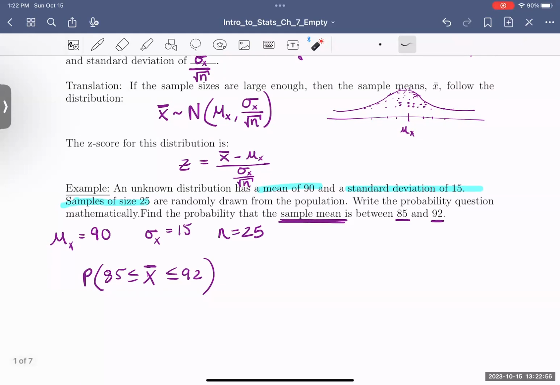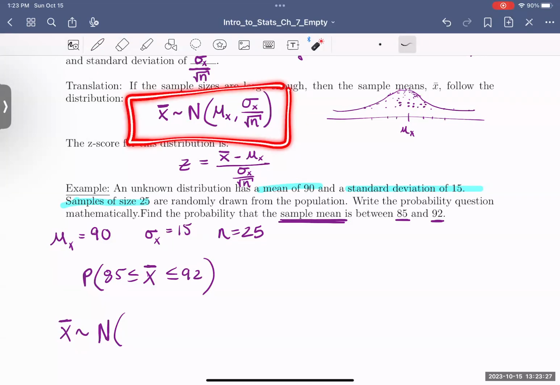But this is for sample means. Again, I'm collecting these groups of 25, and all I'm really doing is collecting the 25, taking the average, and then that average gets added to my list of data. Because we're looking at the average of a group, I'm looking at a new kind of distribution. Although I didn't know what the original distribution was, my updated distribution is normal.